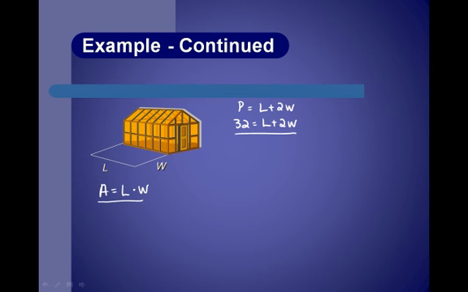So what we're going to do is take this perimeter formula and solve it to get L by itself, which means we're going to subtract 2W from both sides. If we do that, we get L equals 32 minus 2W. Now we're going to take that and plug it right back into this area formula. Because we're trying to find the maximum area, that tells us that we want to work with the area formula. So we would get length, which we said was 32 minus 2W, times W.